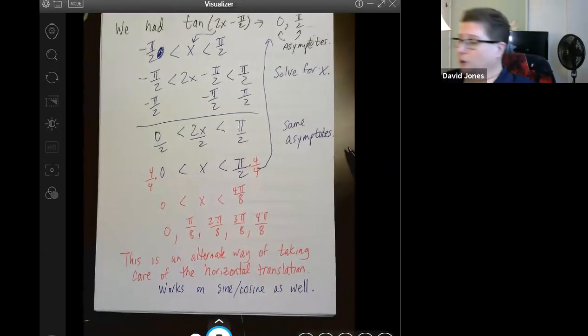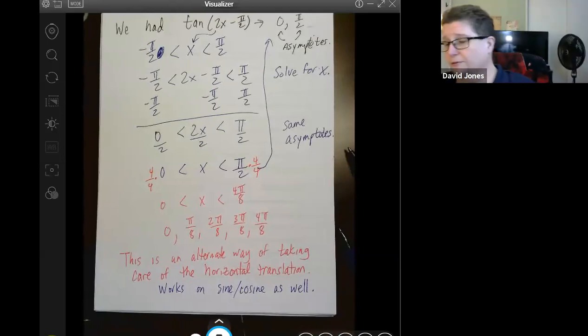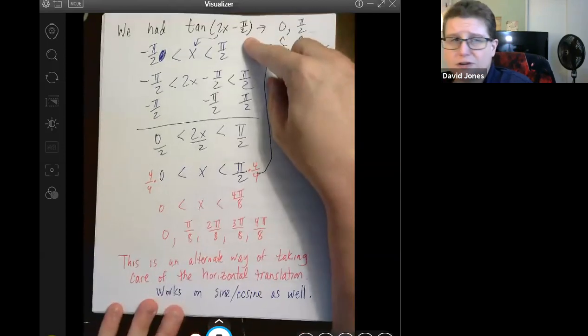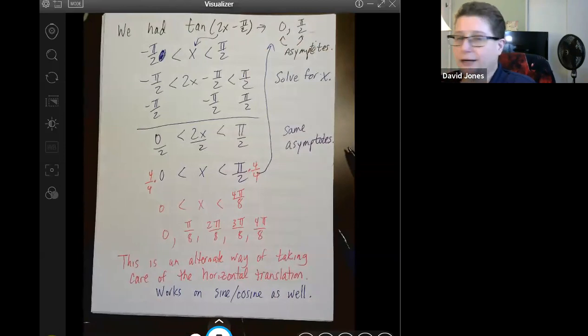Some people don't like that whole algorithm of what I was doing before, shifting the graph. I think it's the easiest way to do it, but this is a little bit more clear about why the asymptotes are there. We're changing the argument, but the period is still the same. So we put our period endpoints in, we put the argument of the trigonometric function in, solve for x, and that'll give us where the ends of the period are.